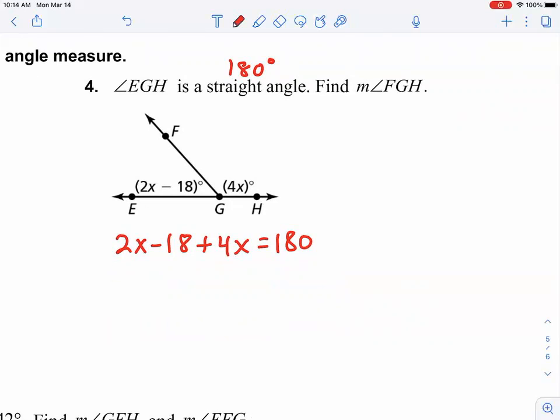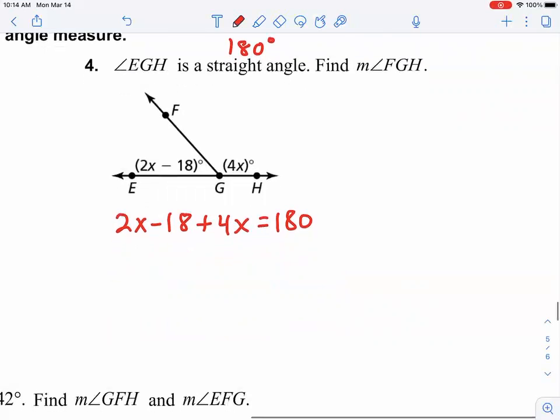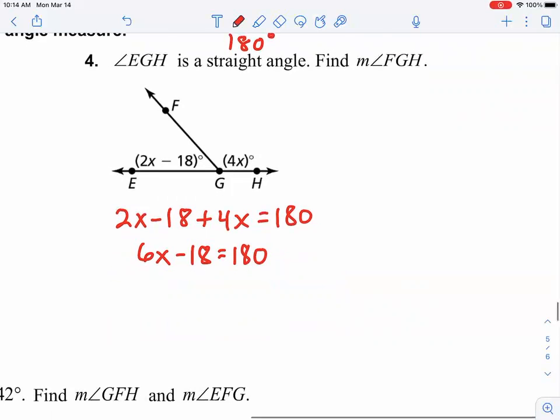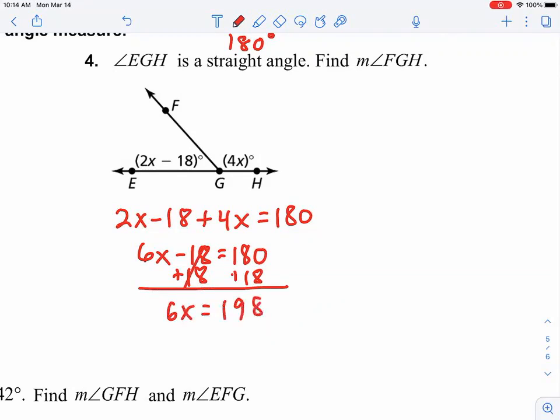So now let's solve this for x. So 2x plus 4x is 6x. Minus 18 is 180. Add 18 to both sides. Six x is 198.